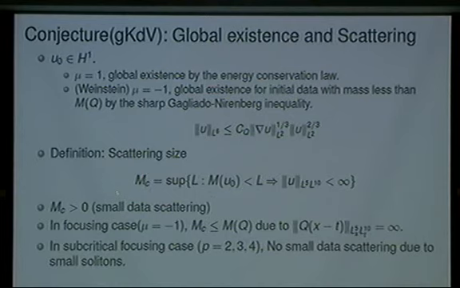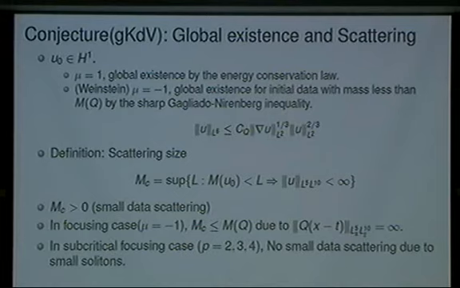So if the mass of the initial data is less than the critical mass, then we have scattering. By the small data scattering theory from the local theory, the critical mass is strictly greater than 0. If the mass is smaller than epsilon, then we have scattering and global existence.